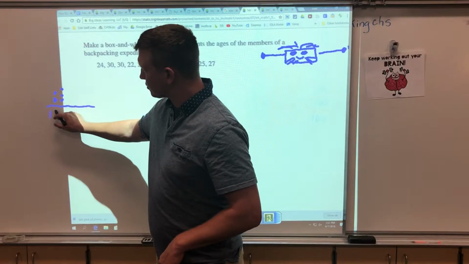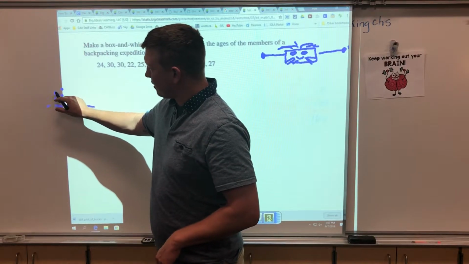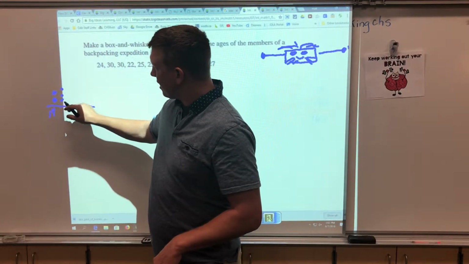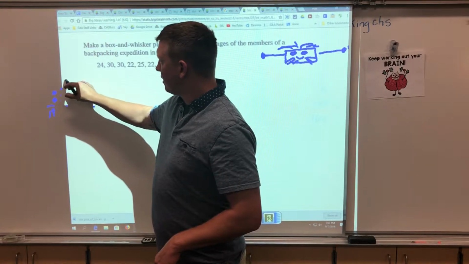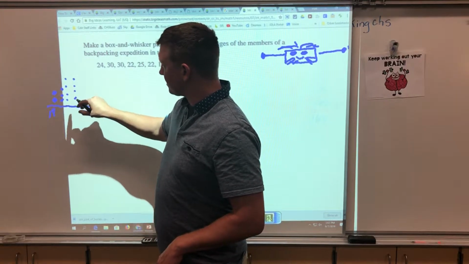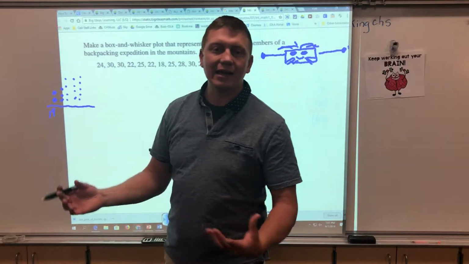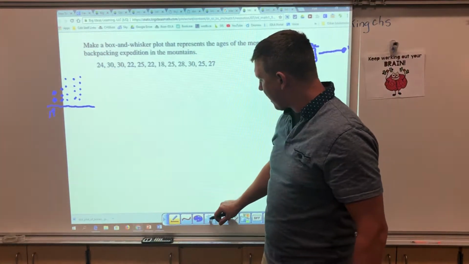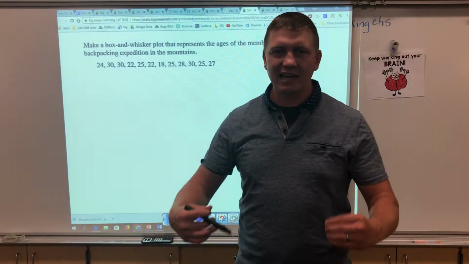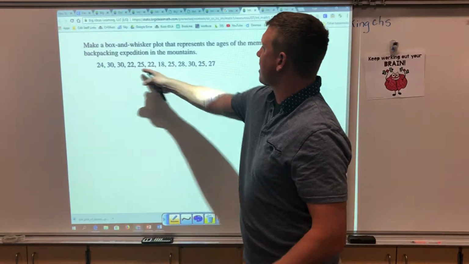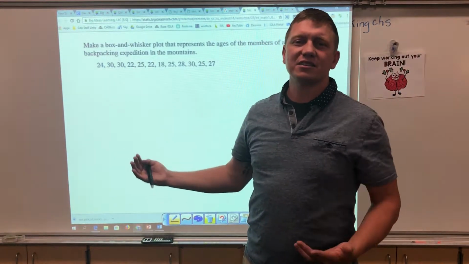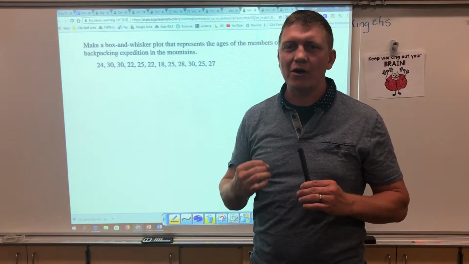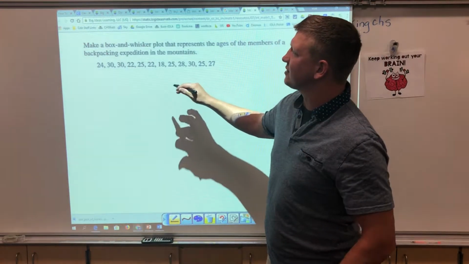If you got a test score of 19, then that would be you, and that's somebody else. So a dot plot is a bunch of dots that represent data points, and then you just put them in a display. A box plot is just another way of displaying our data, because looking at these numbers, it doesn't tell us as much as we could figure out about the numbers themselves. So let's look at this situation.